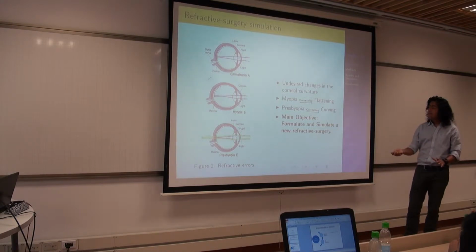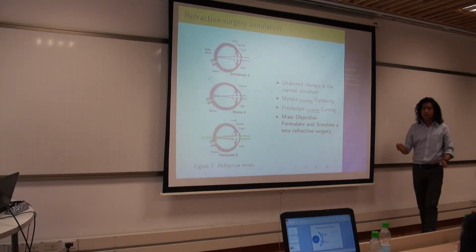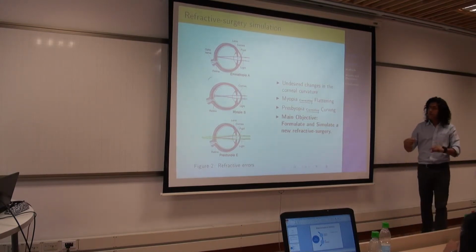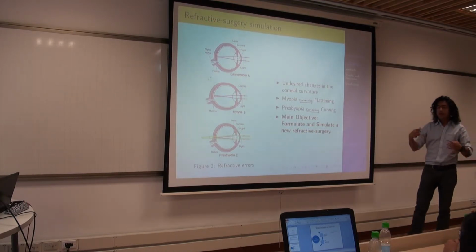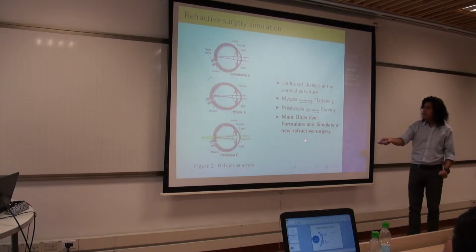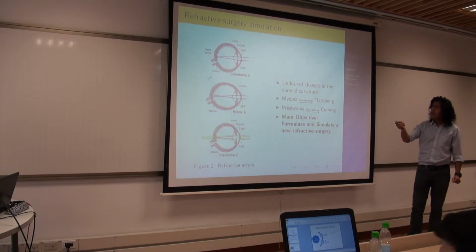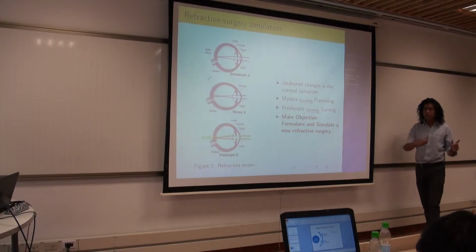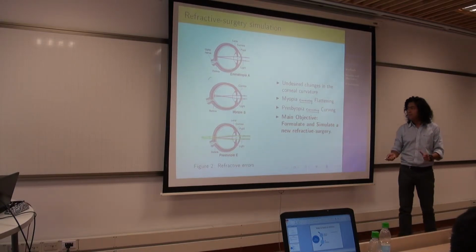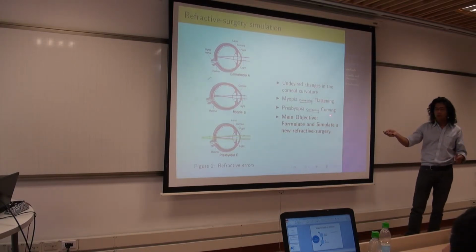Our main objective is to formulate and simulate a new refractive surgery. The state of the art is that refractive surgery is the surgery that corrects these refractive errors, these diseases. But until now, each surgery either flattens or curves.